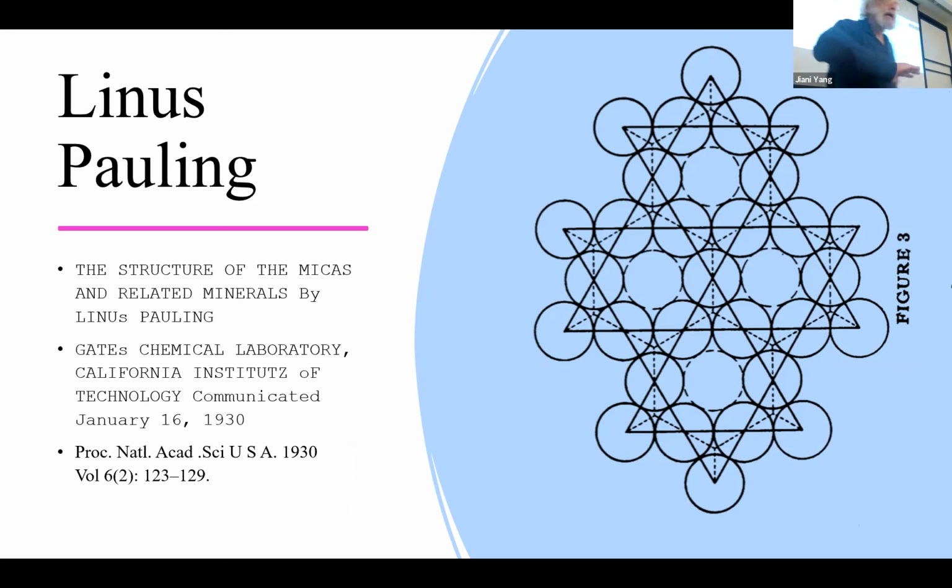This is now looking at the surface of the tetrahedra. You can see this hexagon structure here. This is related to the octahedral layer below.